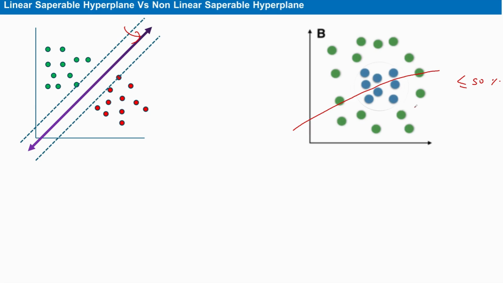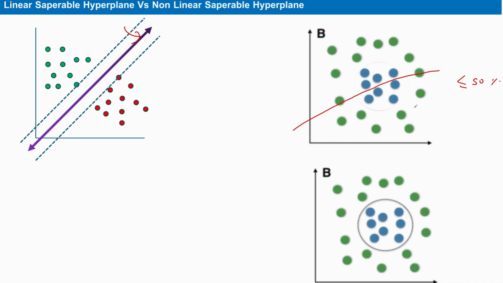So in order to get a more accurate hyperplane which can separate the positive examples from the negative examples, we need a hyperplane like this, which gives more proper results.